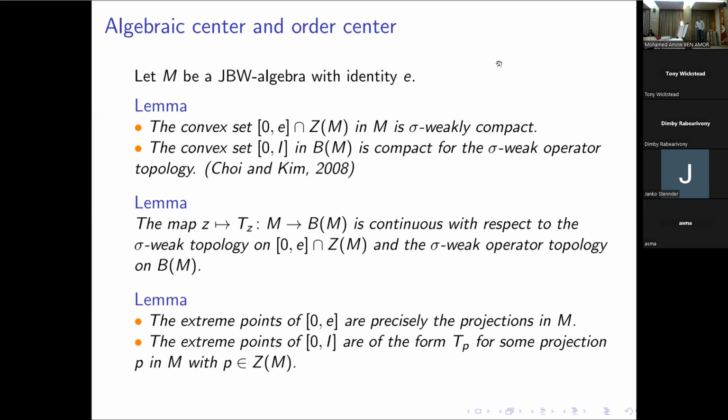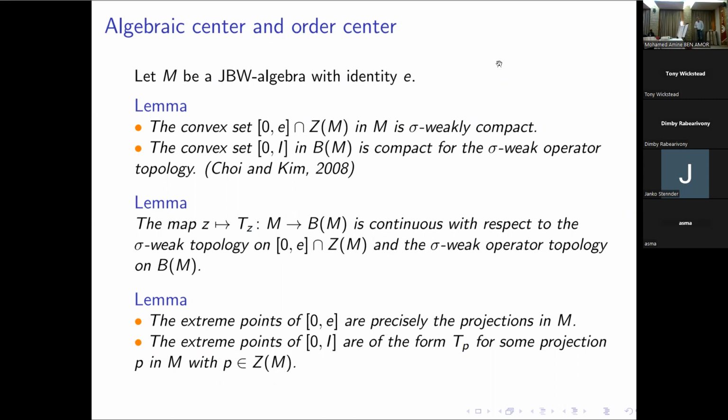And then, why are these extreme points nice to look at? Here is what connects them. The extreme points of this order interval in the JBW algebra are precisely projections. That holds true in any JB algebra.